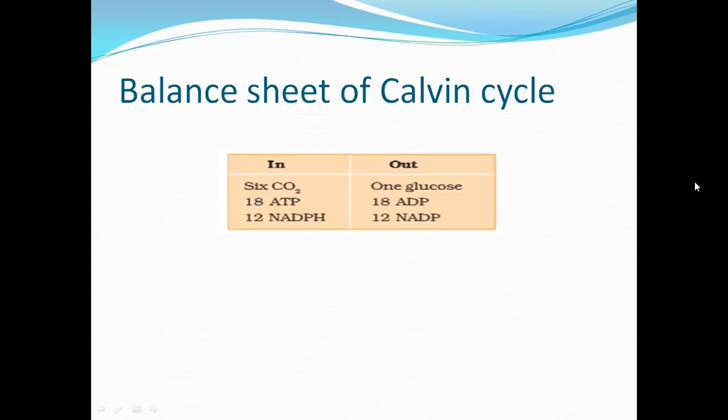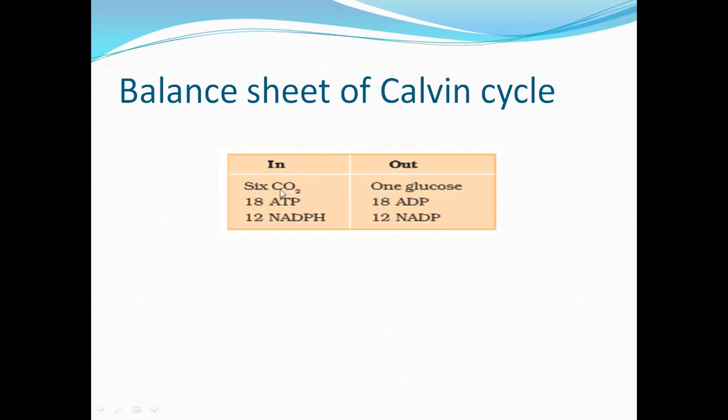This is the balance sheet of the Calvin cycle. This is input, this is output. In the Calvin cycle, 6 carbon dioxide molecules are utilized for the formation of one glucose molecule.